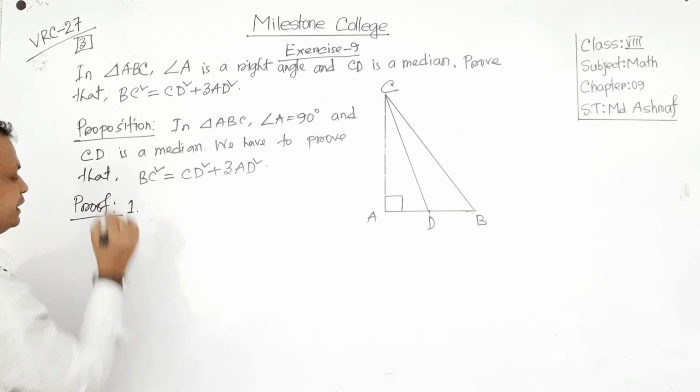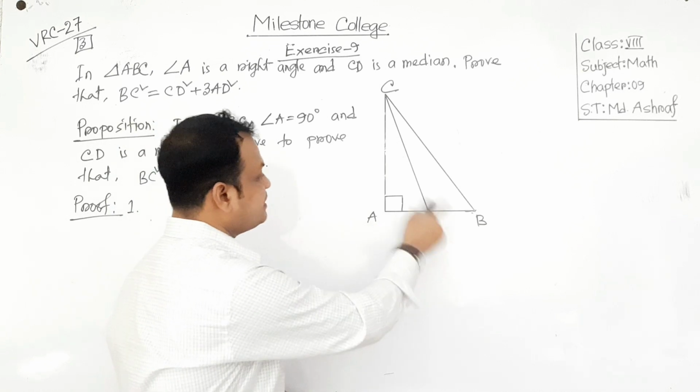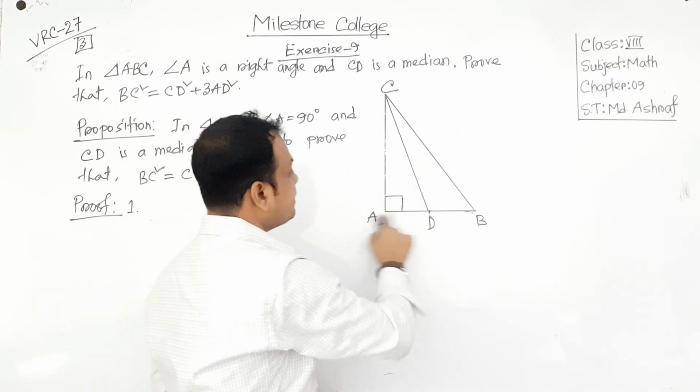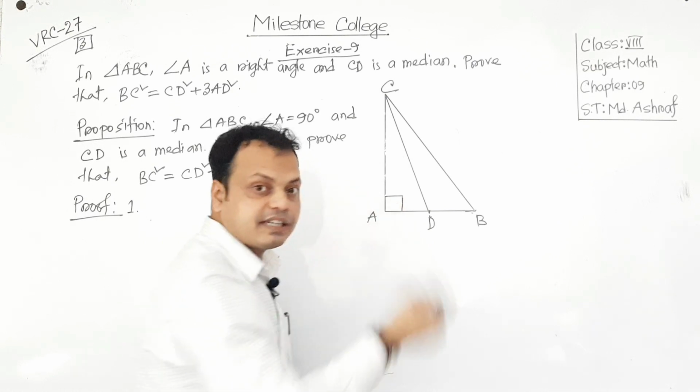First point: consider the triangle ABC. ABC is a right angle triangle and angle A is 90 degree.